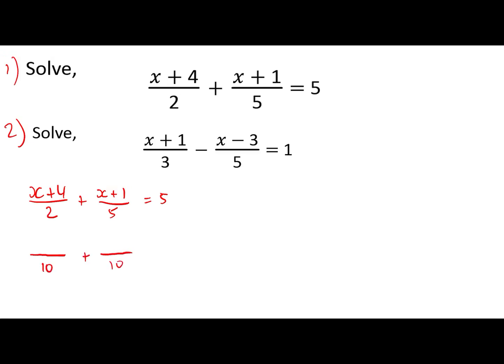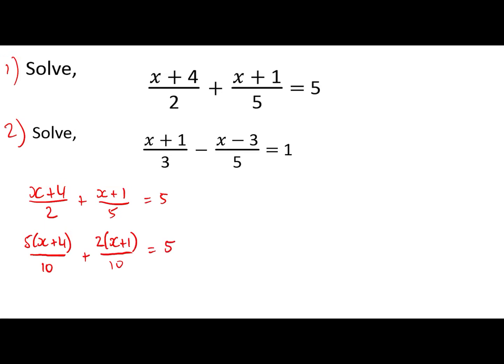So that's the lowest common denominator of 2 and 5, okay? Now that means I times 2 by 5, so it means I now need to times x plus 4 by 5. So I will use a bracket. Don't forget that. And then I times 5 by 2, so I need to times x plus 1 by 2. I will use a bracket.